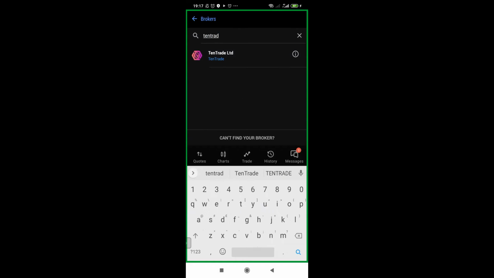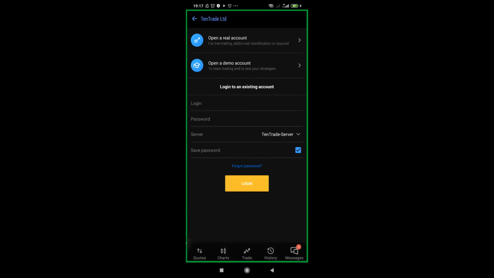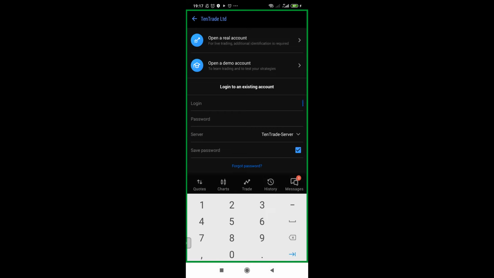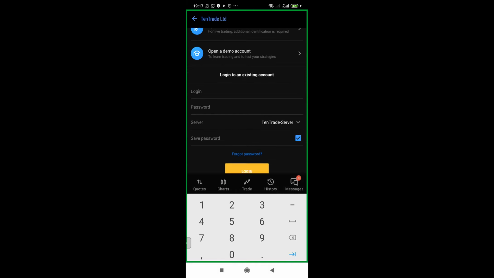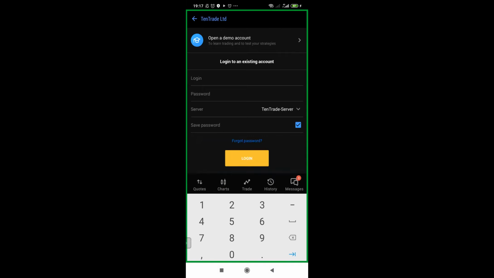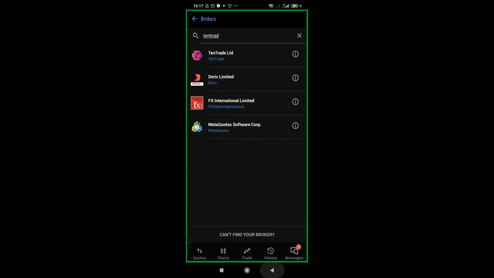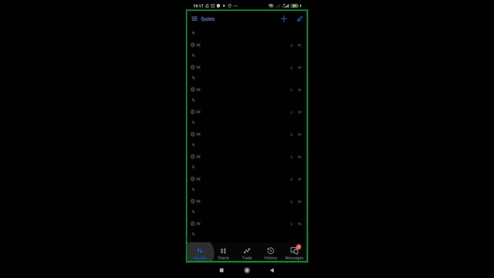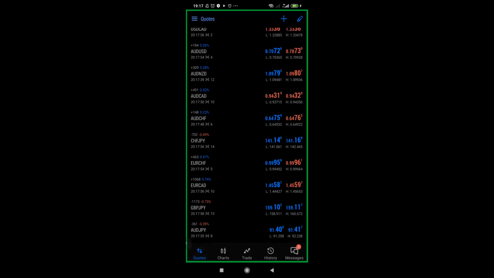So you want to search for TenTrade. Once you search for TenTrade, you'll be asked for your login, which will be given to you. So put your login ID, put the password, just copy and paste there. And then once you're done, you click on login, right? So once you're logged in, you would have access to this page.